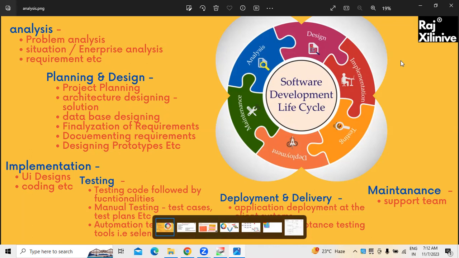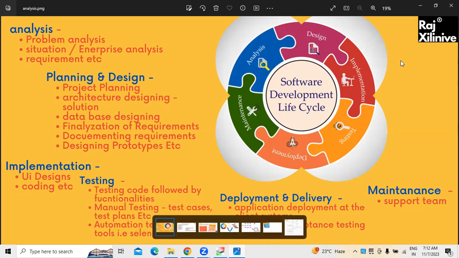Not only testing, the next is deployment and delivery. Deployment and delivery means whatever we have tested has to be deployed and delivered at the client location. Otherwise, if we don't deploy the application, how will the customer accept the project?